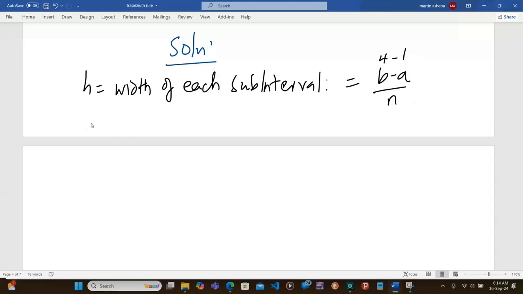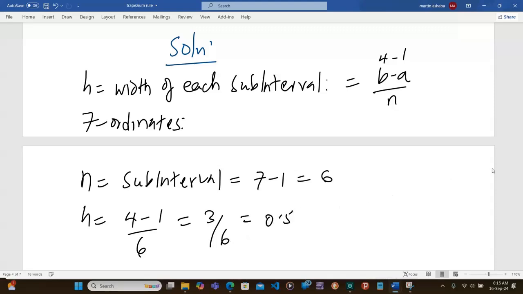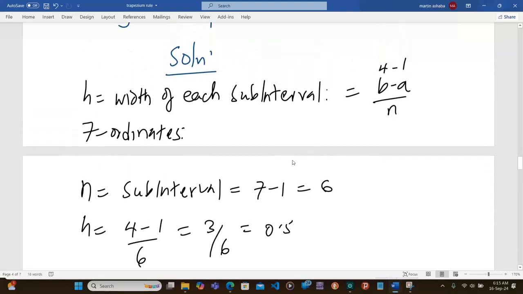Since we are talking about 7 ordinates, our n, which is the sub-interval count, is going to be 7 minus 1, and that is 6. So we find that our h is 4 minus 1 divided by 6. This is 3 out of 6, and that is 0.5. So that is step number 1 that you must understand.